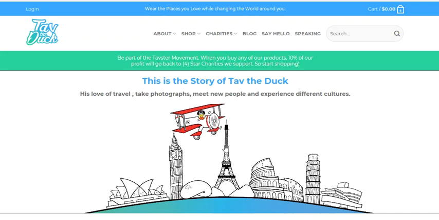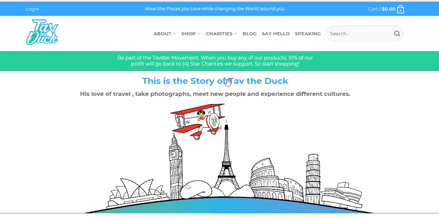How does this, if we're using the start with why angle, how does this really connect with my values as a visitor? Now, this idea up top, okay, where are the places you love while changing the world around you? That to me is much closer to this start with why angle.